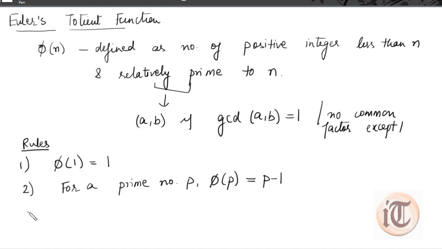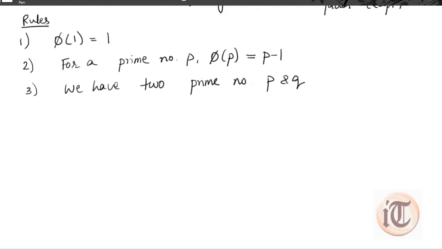The third rule is, suppose we have two prime numbers p and q, with the condition that p is not equal to q. Then we can take n equal to p into q, where n is the number for which we have to calculate the Euler-Totient function.